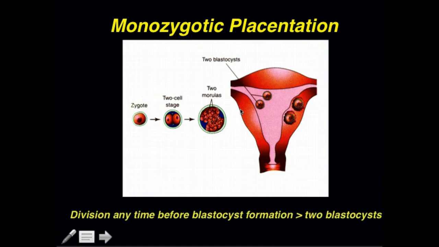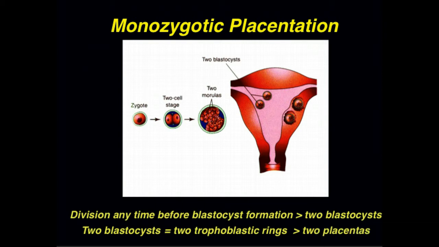And if it splits before the formation of the blastocyst, that is any time up to and including the morula stage of development, then two blastocysts enter the endometrial cavity. If there are two blastocysts, there will be two trophoblastic rings, and each trophoblastic ring will produce a placenta. So again, excuse the confusion, but the circumstance will be identical to fraternal twins.